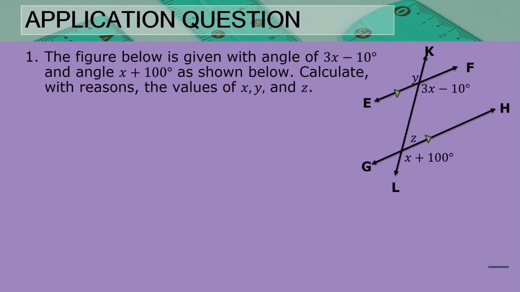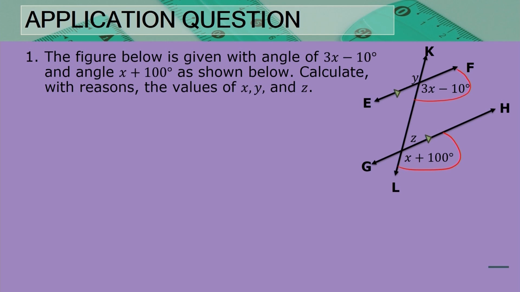In the diagram, we can see that it has been shown to us that EF is parallel to GH. Now, looking at the two expressions that have been given to us, that is 3x minus 10 degrees and the x plus 100 degrees, they are in the same relative position, which means that they are corresponding, since there is a transversal there. So they are corresponding angles.